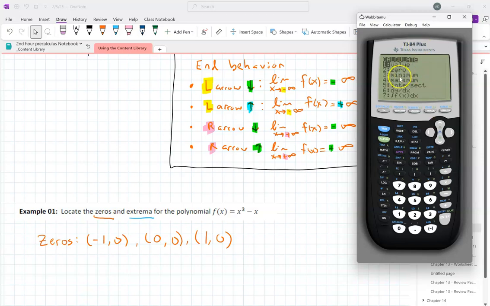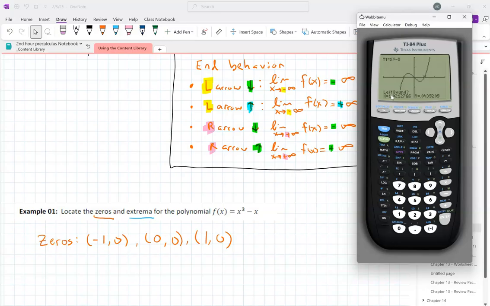So I'm going to use the minimum command to find a minimum and the maximum command to find the maximum if they exist. So let's do the minimum first. I saw that it has both of them. So the minimum looks like it's right here. Everybody agree with that?